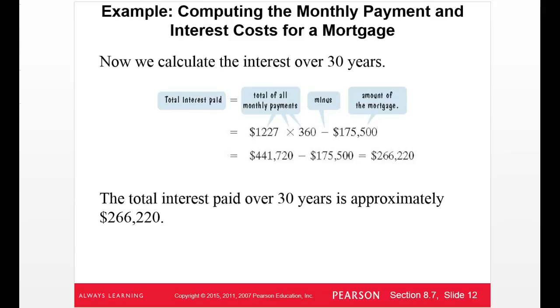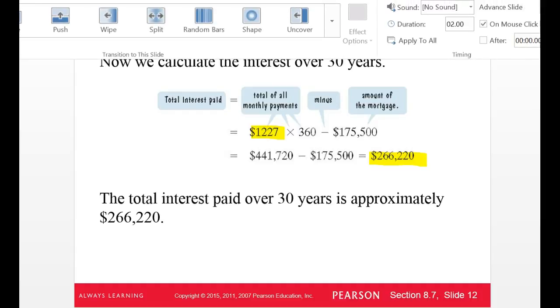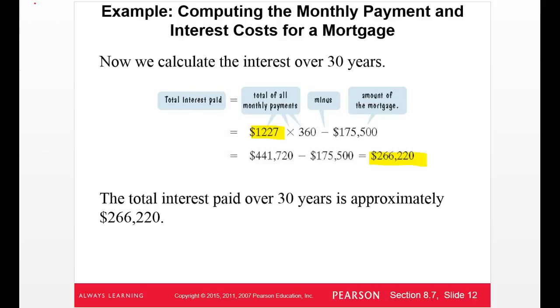We've got all this interest payment to make, all of this $266,000. The majority of your early payments, the majority of this early $1,227, is going to be paying that $266,000, and just a very small, teeny tiny amount relative to the total will be paying on the actual principal that you owe.